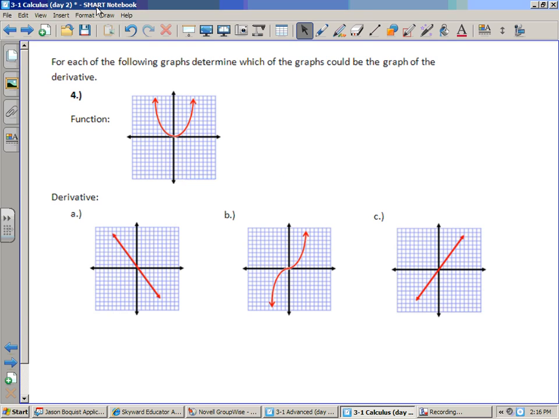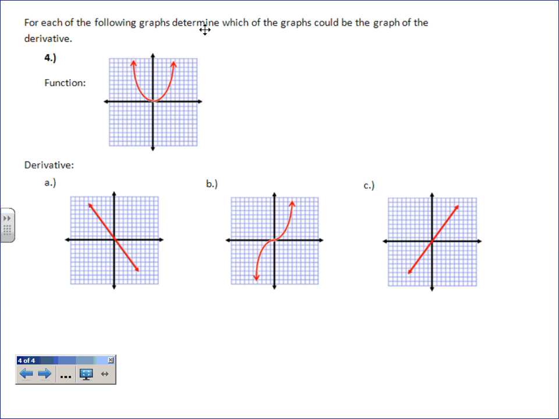All right, let's take a look. For each of the following graphs, determine which graphs could be the graph of the derivative. So, for about the 10th time, whatever the y value is down here, it's telling you the slope of the same x value up there.